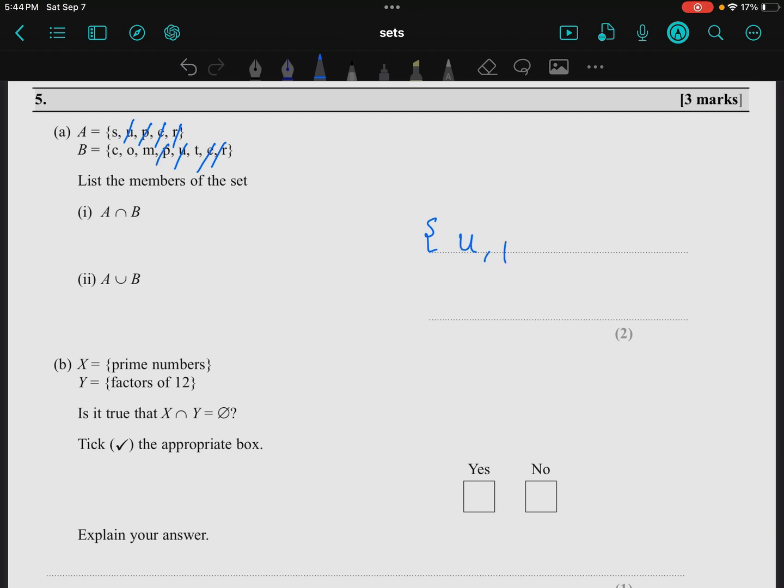So U, P, E, R are the common elements. Union, you will write S, U, P, E, R and then C, O, M, P is repetition, U is repetition. So the last element is T because E and R are also repetition. So these are the elements of A union B.